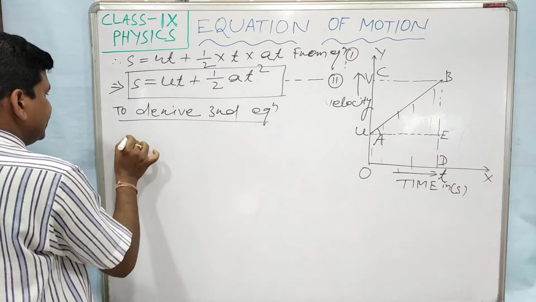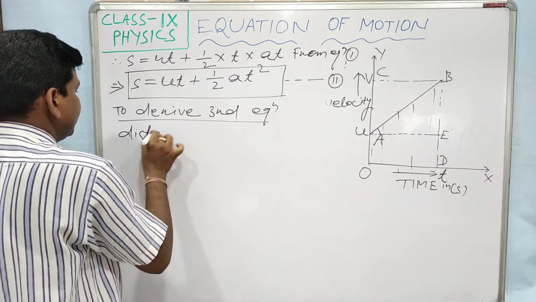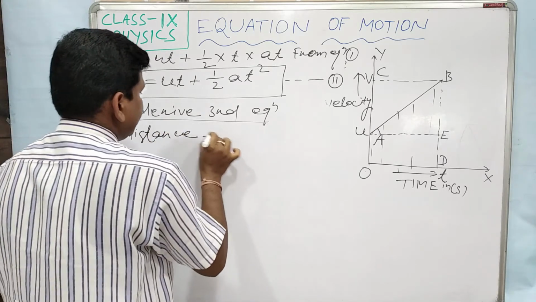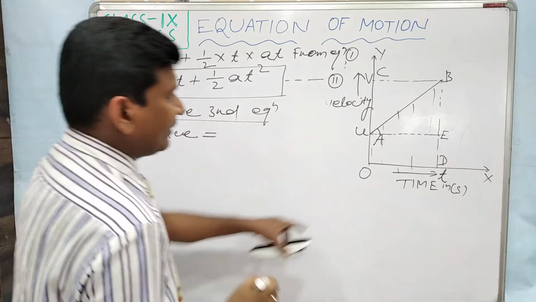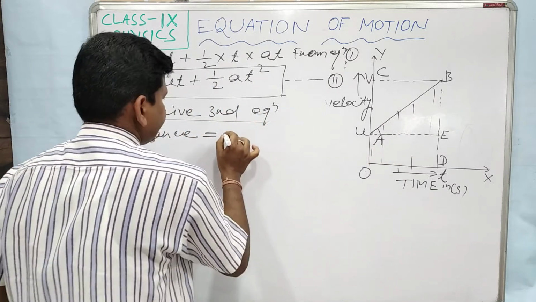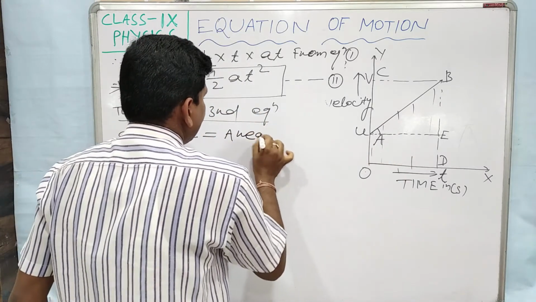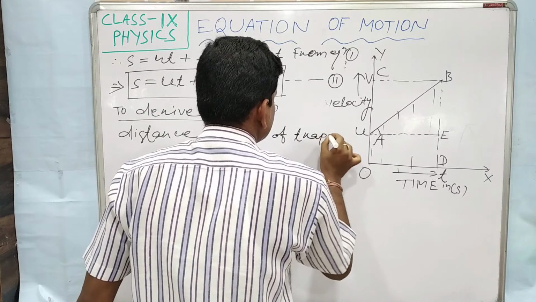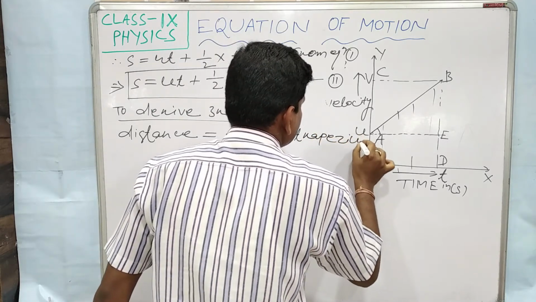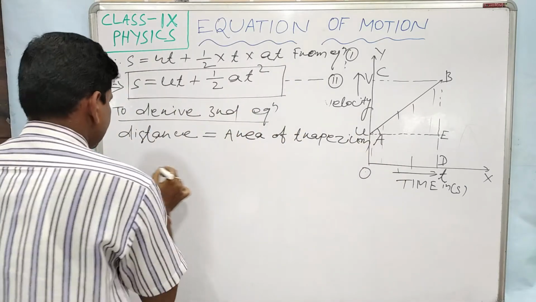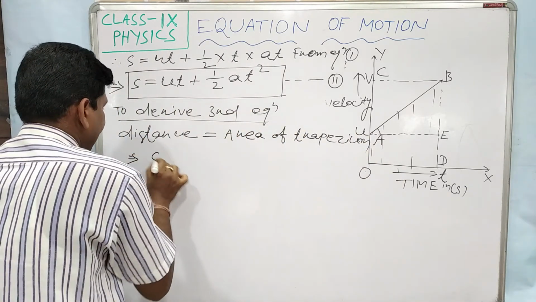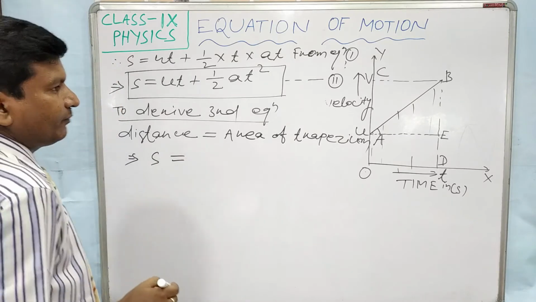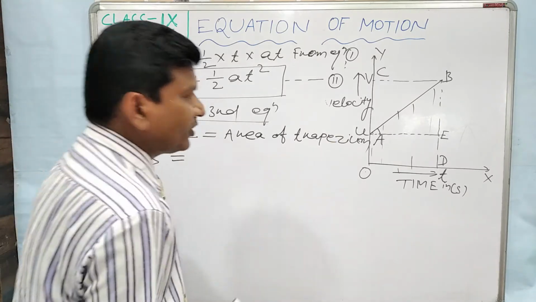So the distance is equal to the area of the trapezium. So that implies S is equal to the area of the trapezium. How to find the area of the trapezium?